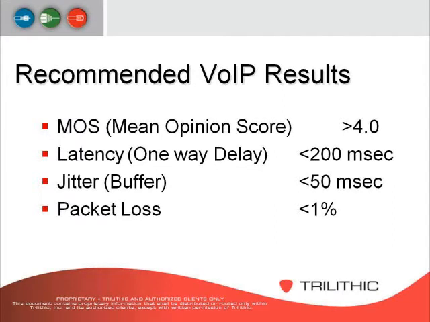Your latency or one-way delay, you want it less than 200 milliseconds. Now remember, round trip, you want it less than 300 milliseconds. That's both for upstream and downstream. Jitter buffer, you want that less than 50 milliseconds. For packet loss, you want less than 1%.